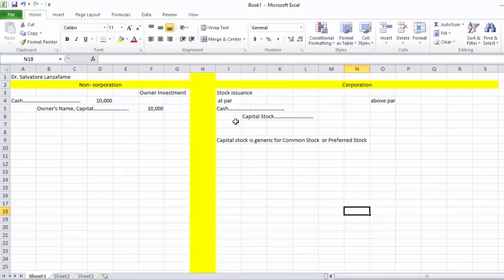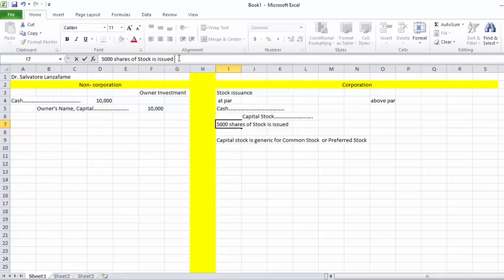So let's create a little scenario here for the stock issuance at par. Let's say 5,000 shares of stock is issued at $2 a share. We'll say $2 par value, for $2 a share.